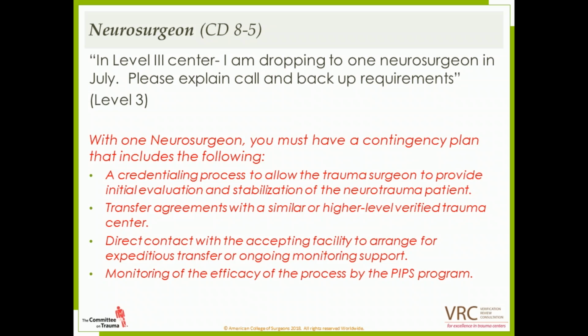And then also ensure that there's direct contact with the accepting facility when you're transferring to ensure ongoing monitoring support. You also want to monitor all these instances through your PIPS process. So if you're a level 3 that provides neurosurgery capabilities, make sure you have a contingency plan in place, not necessarily just for having one neurosurgeon, but if that neurosurgeon is tied up with a patient, then at least you have a backup plan to stabilize the patient and transfer the patient as needed and not delay care.